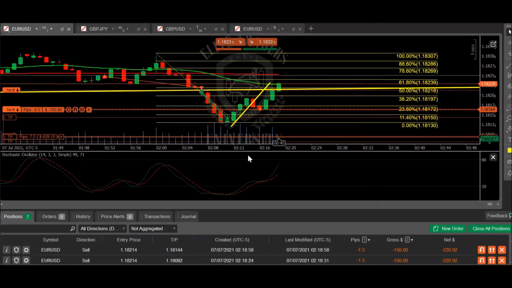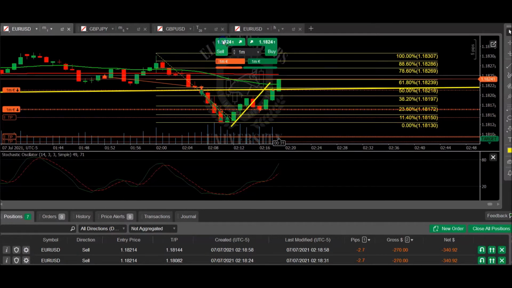Pushing even a little bit higher. Okay, 61% retracement is also a level of resistance, 118.23. We can add a little there as well.